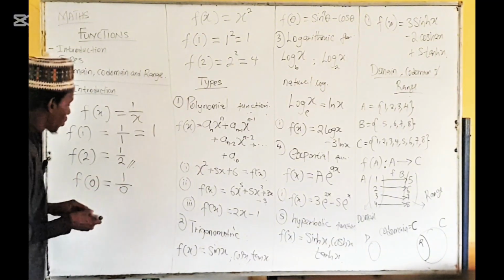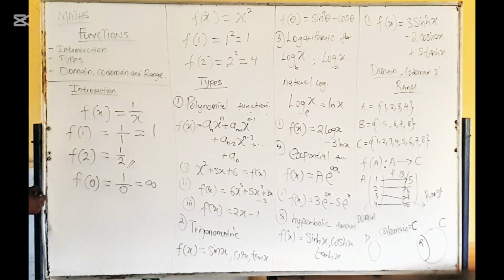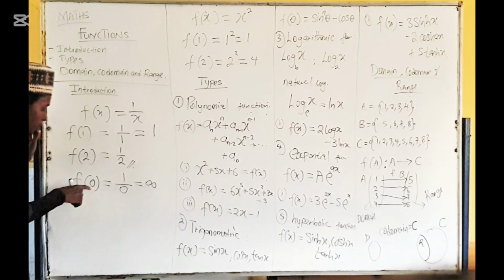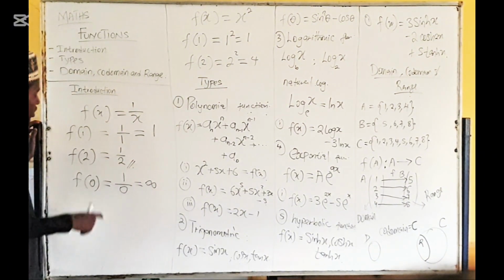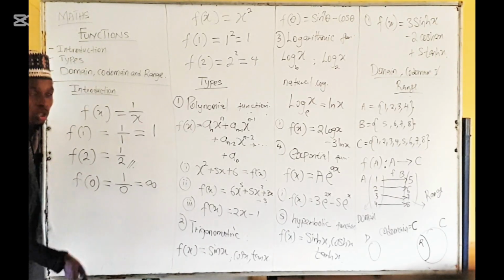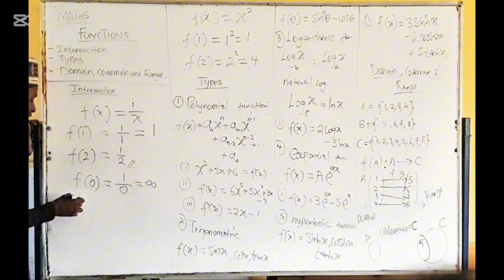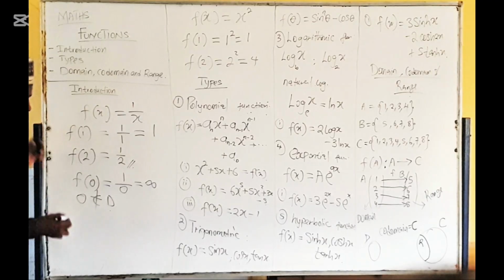This means 1 over 0 is something undefined. Since it is undefined, this function at x equals 0 is not defined. Do we understand? The result is not defined, meaning the function at this input is also not defined, which means 0 is not among the domain of my function.